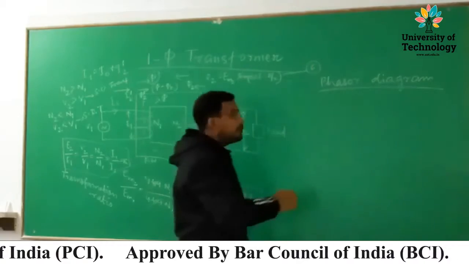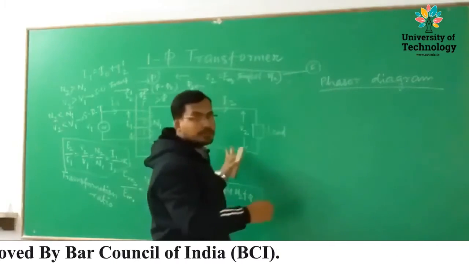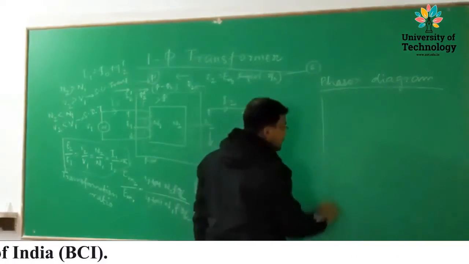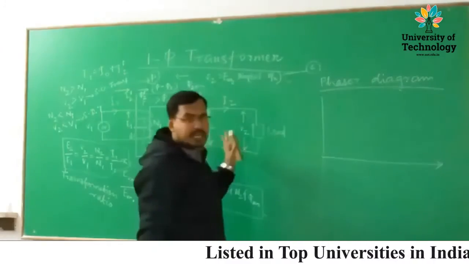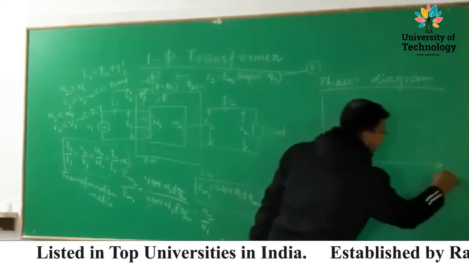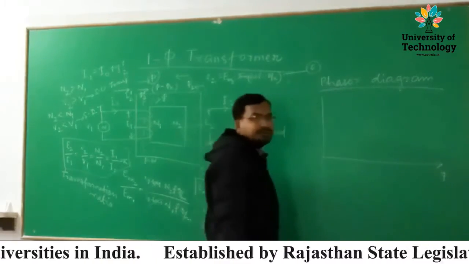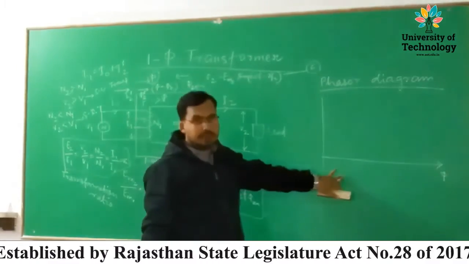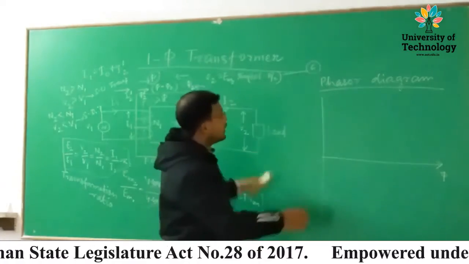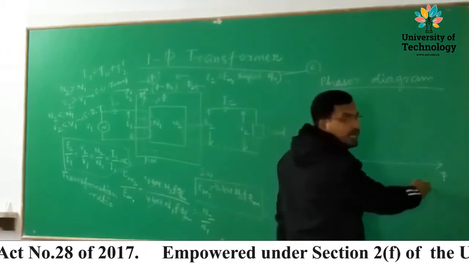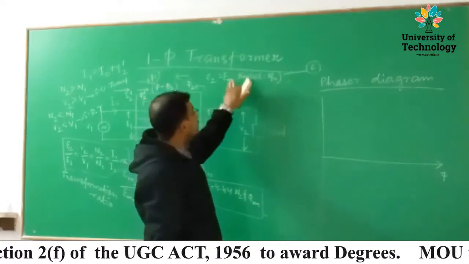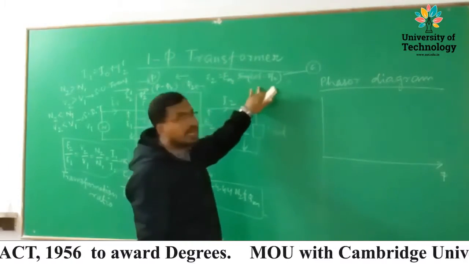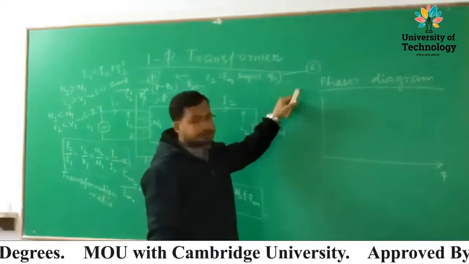Now the phasor diagram, what we have understood from the equation is, the flux is common to both primary and secondary side. So we take flux as a reference phasor or reference vector in the phasor diagram. Now what we have got, flux is phi m sin omega t, and with respect to that the EMF which is induced is E2 sin omega t minus pi by 2.